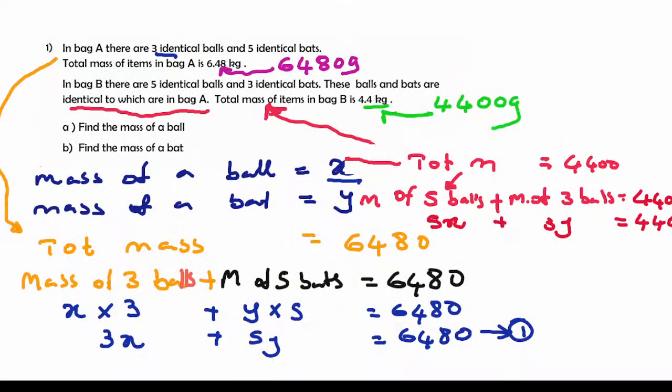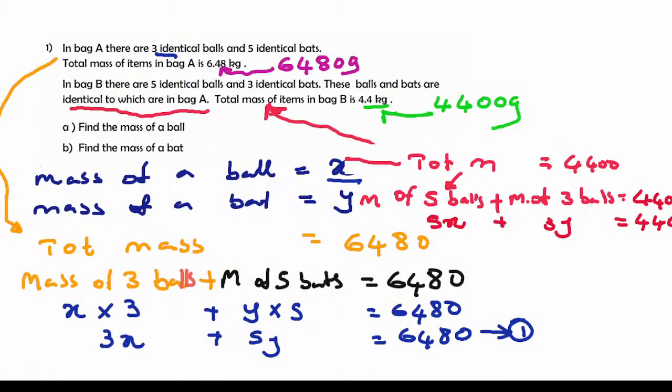Right. So now what we'll do is let's write the two equations one under the other, so that it's quite easy for us to decide what to eliminate and how to eliminate. So let me go to the next page. Right.